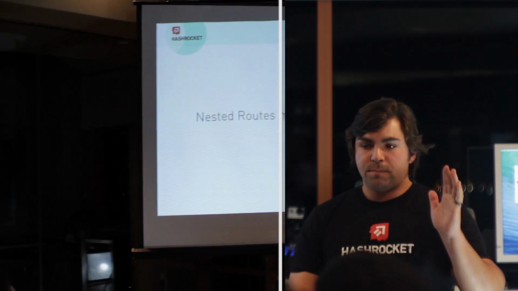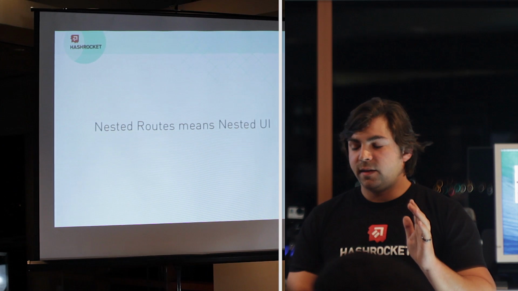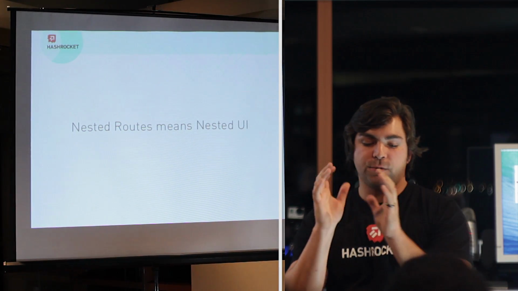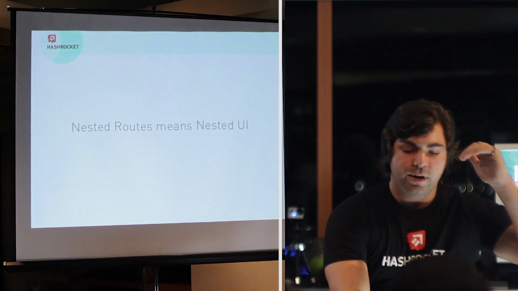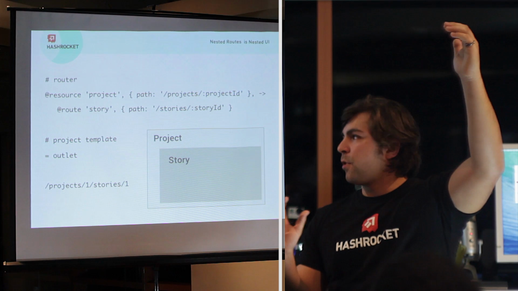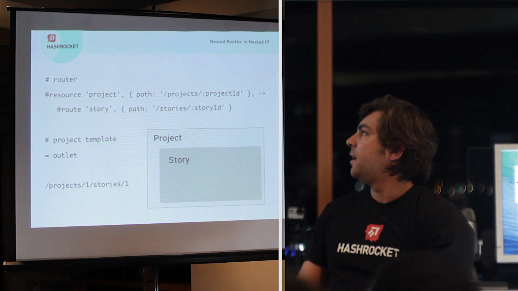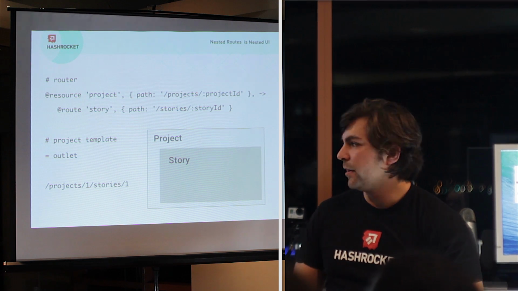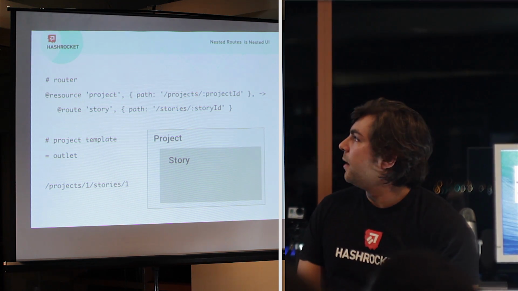So some other things about Ember that are kind of unique. Nested routes means nested UI. If you have projects and then a story, the project is on the outside, the story on the inside. It's not like you're going to a different page, and that's very different from Rails.